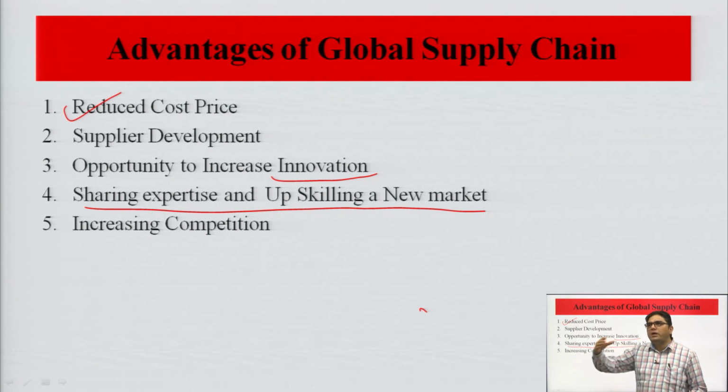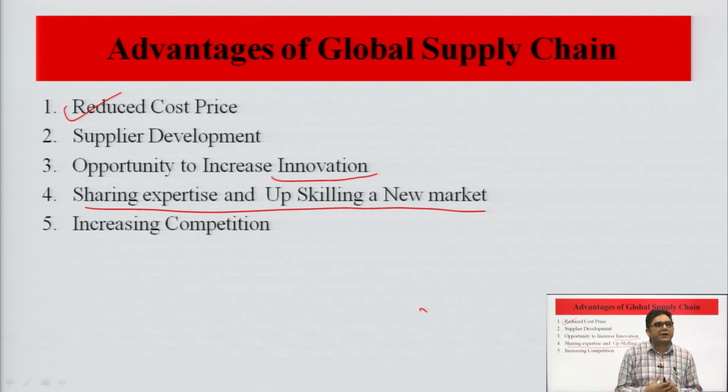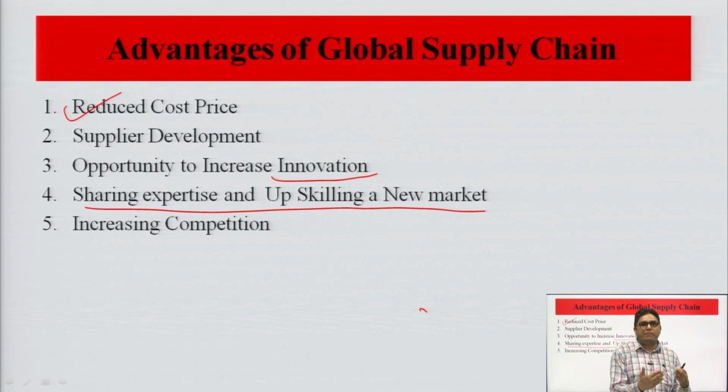So, globally, when your supply chain is global, you have enough information about different economies and different geographies. You can share your expertise, and accordingly you can develop the market, you can develop the skills of your employees, so that you are able to do better.